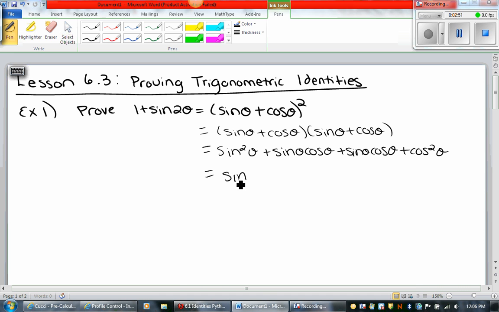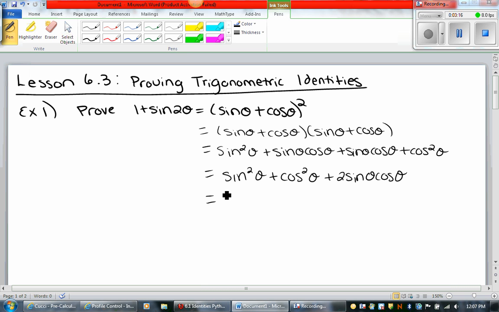So I get sine squared theta, and I'm going to bring this cosine squared theta so that it's next to it. Kind of get my terms put together in descending order. And then this becomes 2 sine theta cosine theta.